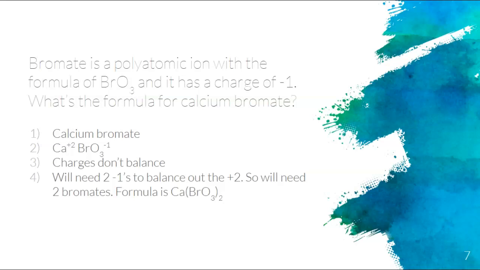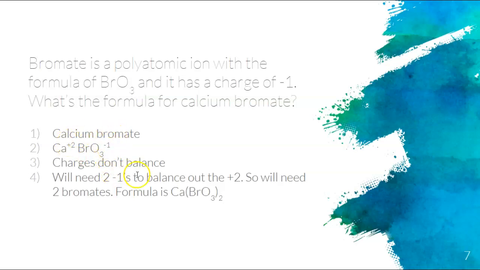Here's one more example. Bromate is another type of polyatomic ion, and it is BrO with a little subscript of 3 behind it. This whole cluster, this BrO3, the whole thing has a charge of -1. If I wanted to know the formula for calcium bromate, again, I'm going to write down my ions. Calcium is in group 2, so it's +2. Bromate, we just learned, is BrO3, and the whole thing has a charge of -1.